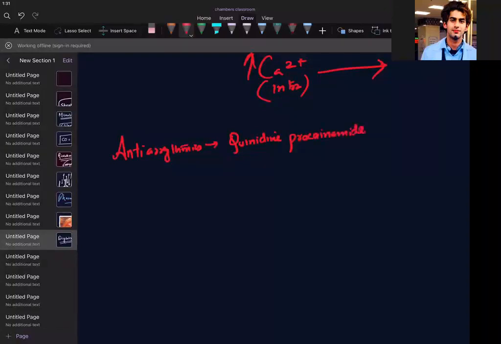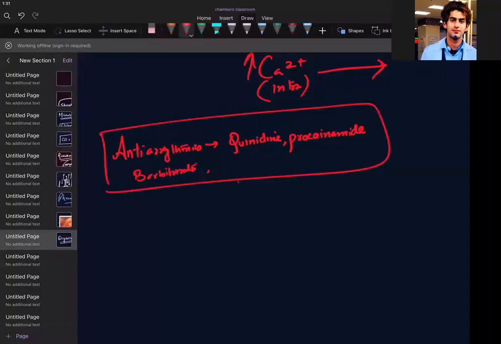The detailed discussion about these will be in pharmacology, because you are learning only the physiology here. These are the drugs which can inhibit contractility.